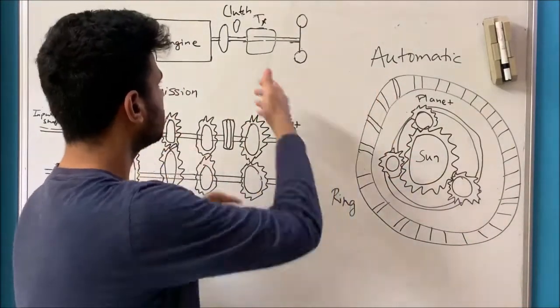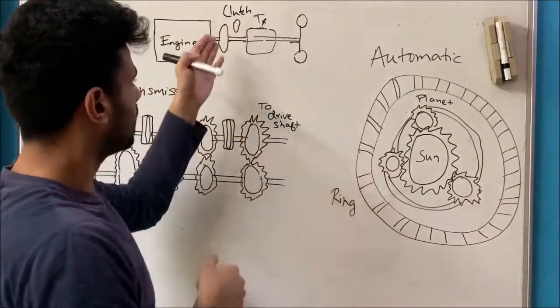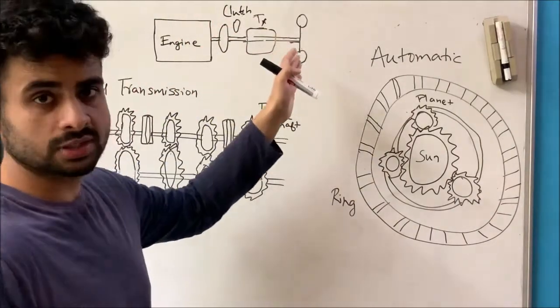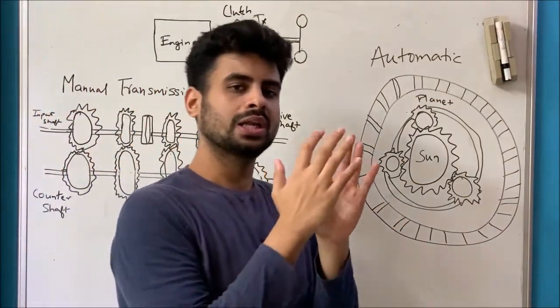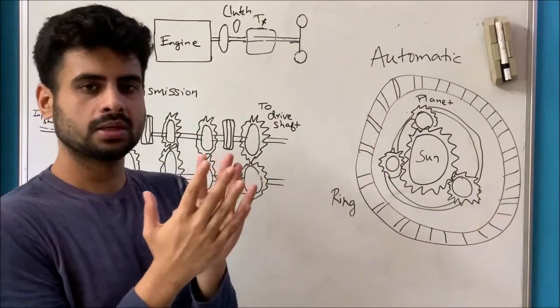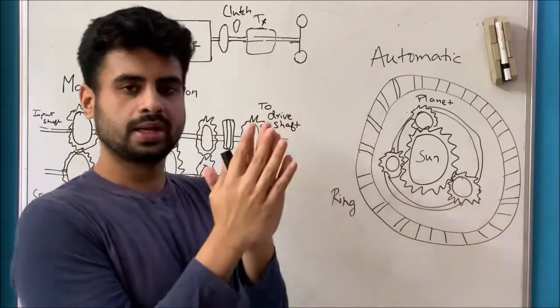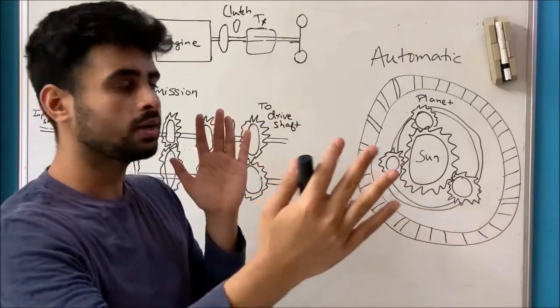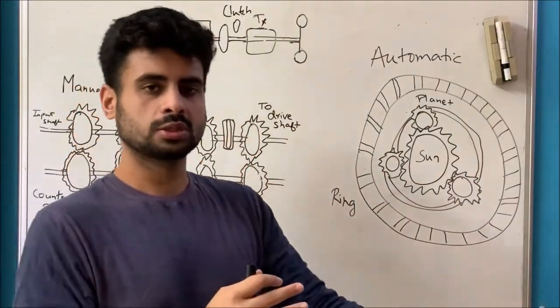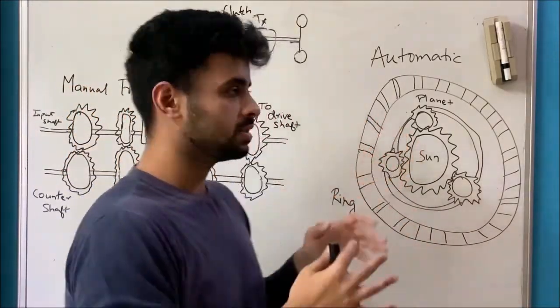You're disconnecting the engine flywheel power transfer to the drive shaft. So a clutch pedal is connected to a clutch plate, which is a simple mechanism: the clutch plate is connected on one side to the flywheel and on the other side to the drive shaft, and when you press the clutch pedal, it just decouples this power transfer.